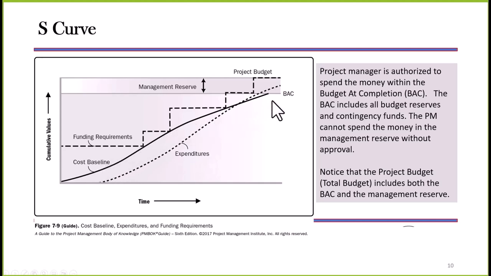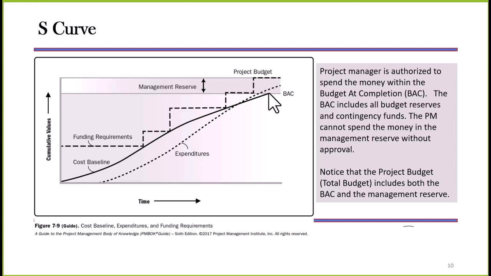Very, very slight S. That's where it gets its name, S-curve. Normally what we're going to see in an S-curve is the expenditures will be lagging behind the baseline. Here's your cost baseline. And they will meet up right here at the BAC, the budget at completion. Normally that's what we would see in an S-curve. That's what we want to see in an S-curve.